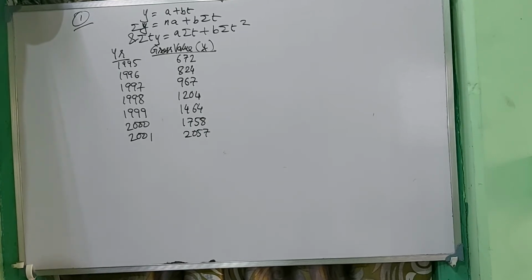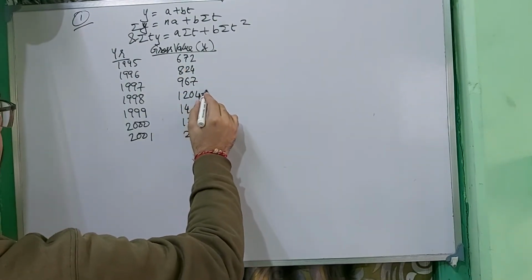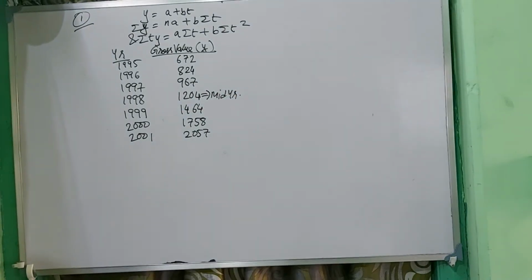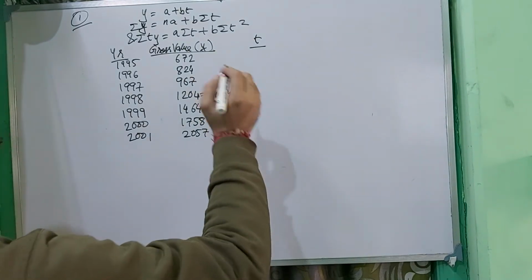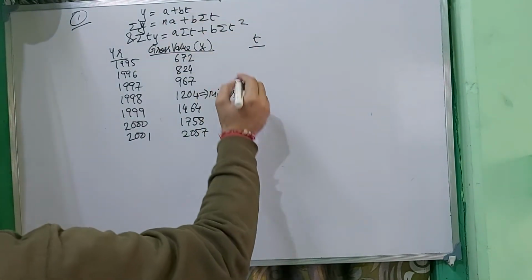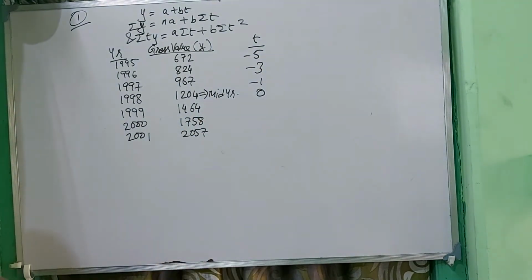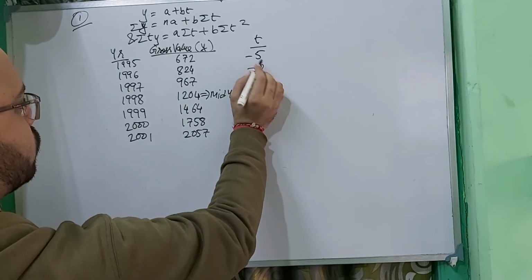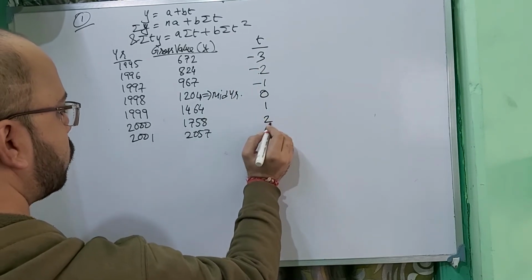These are the values given, and when we have to plot the trend of value, we have to identify which is the middle year. Here we can see that there are 7 years, and obviously this is the middle year, the mid year. So how can we compute t? The mid year should be 0. Before that it will be -1, -2, -3, and here also 1, 2, 3.